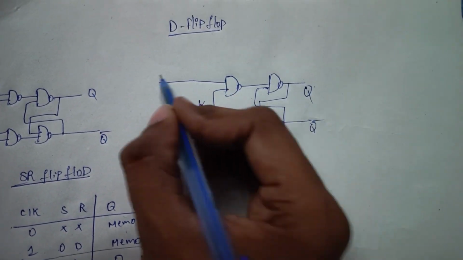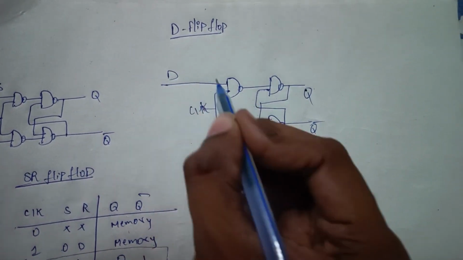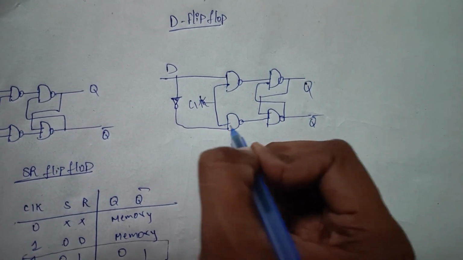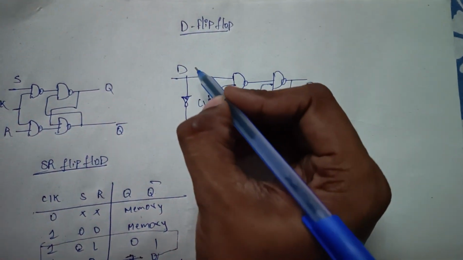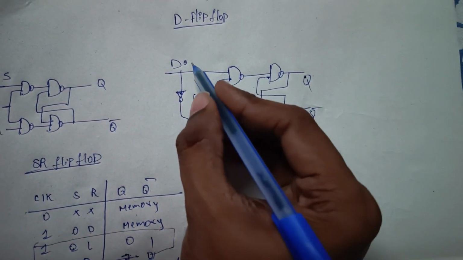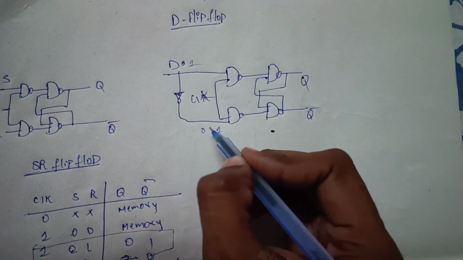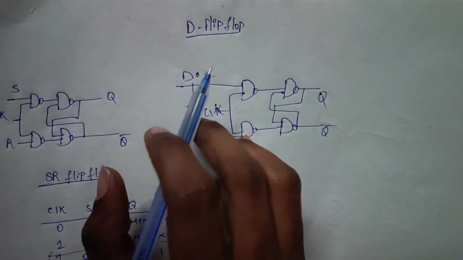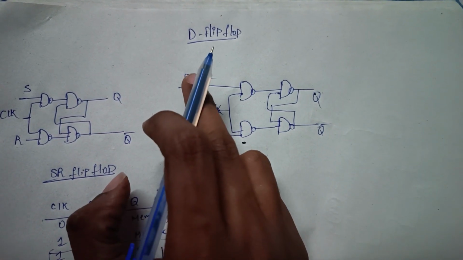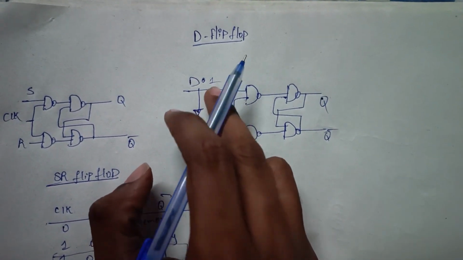I am giving D as the input and connecting an inverter, so that if we apply 0 here, it will be applied as 1 here, and if we apply 1 here, it will be applied as 0. In this way we can convert the SR flip-flop to the D flip-flop just by connecting an inverter between the two NAND gates at the input.